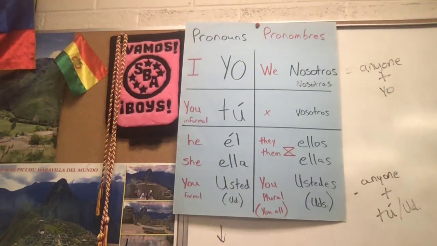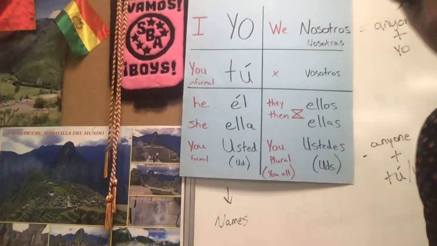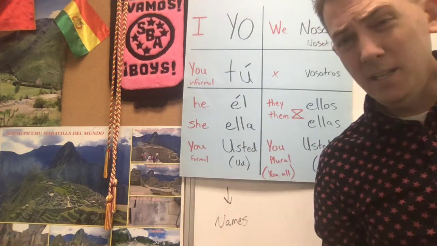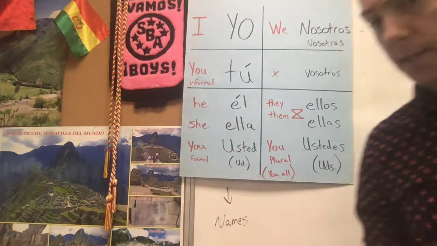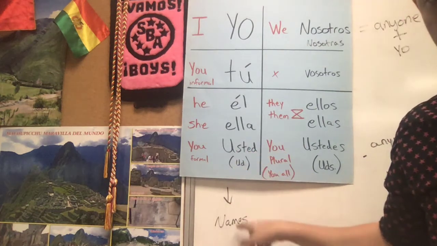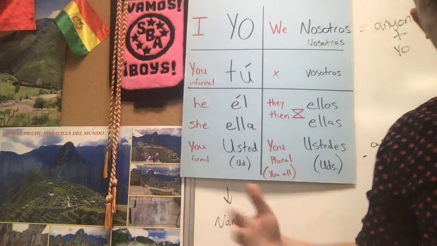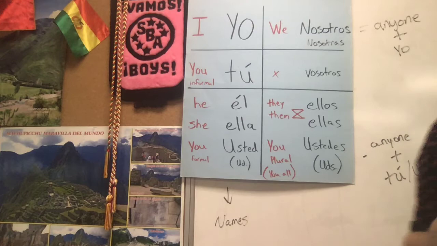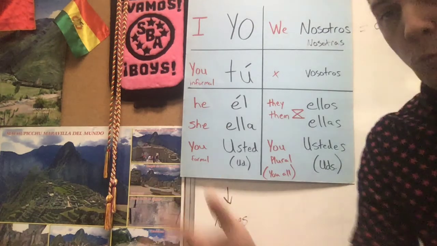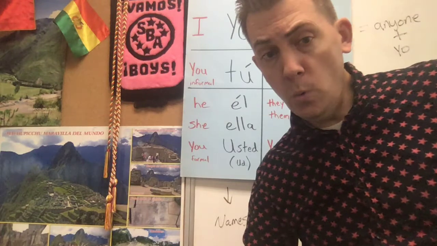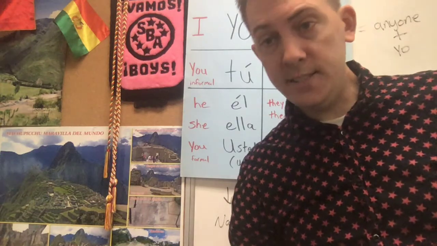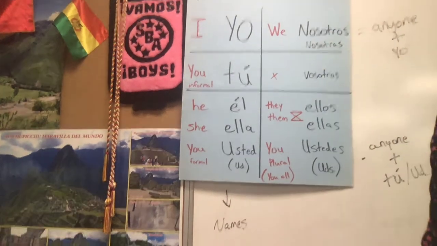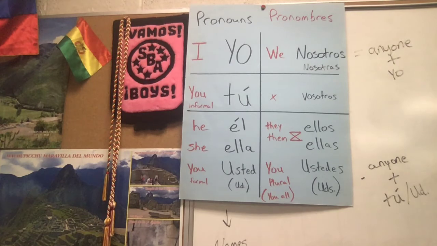So if we look at our specialty rules here, for people's names, Luis, Juana, Maria, Morton, whatever, these are going to be the pronouns we use for he or she or usted. All right? If in the homework you see anything where it's anyone plus yo, if yo exists in the sentence with anyone else, the pronoun used would be we, with nosotros or nosotras.